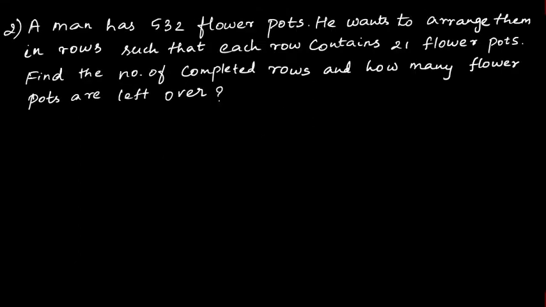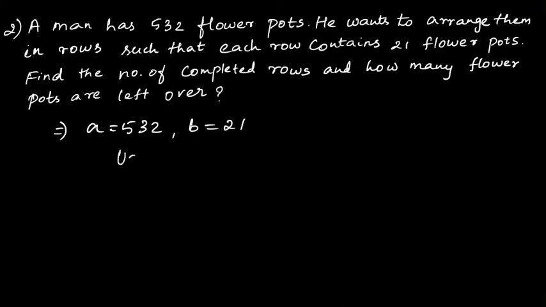Second question, a man has 532 flower pots. He wants to arrange them in rows such that each row contains 21 flower pots. So find the number of completed rows and how many flower pots are left over. So in total he has 532 and each row he has to keep only 21. So here a value is 532 and b value is 21.